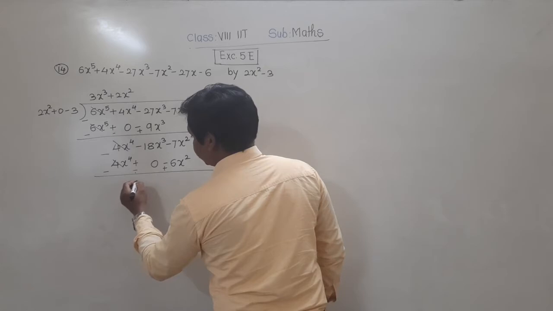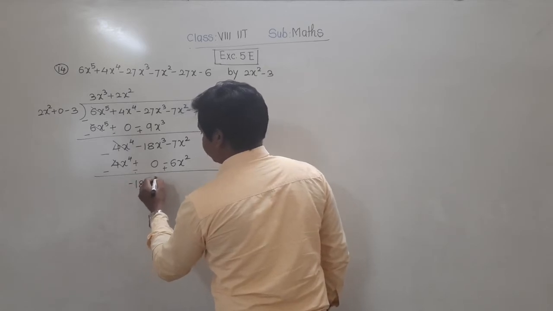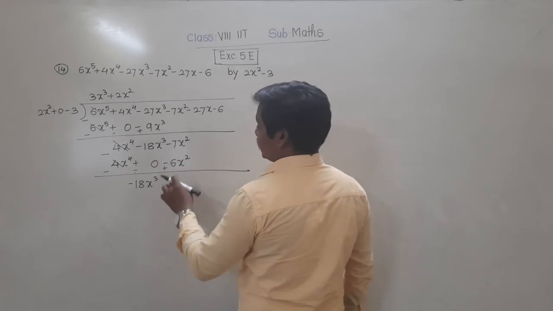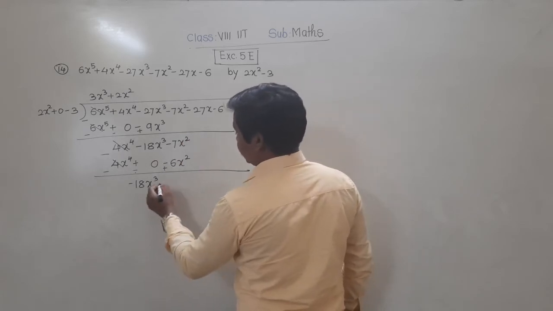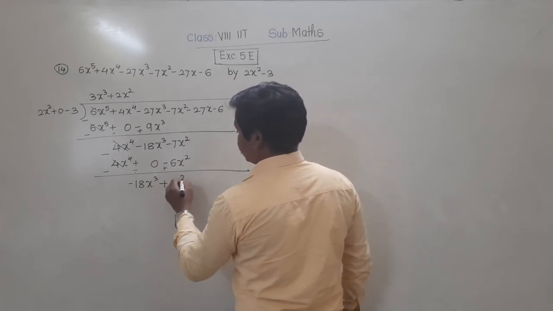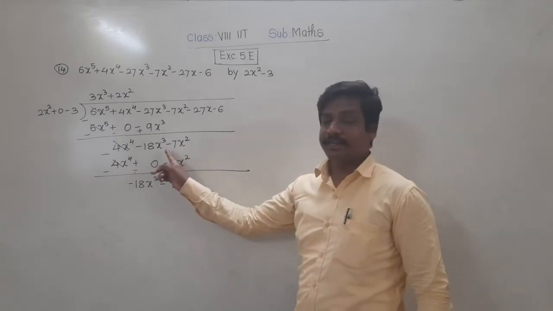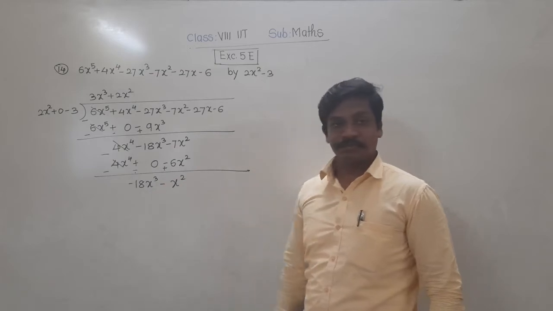Minus 7x square plus 6x square remains 1x square. But it is minus x square because the greater is 7, which has a negative sign, so negative.